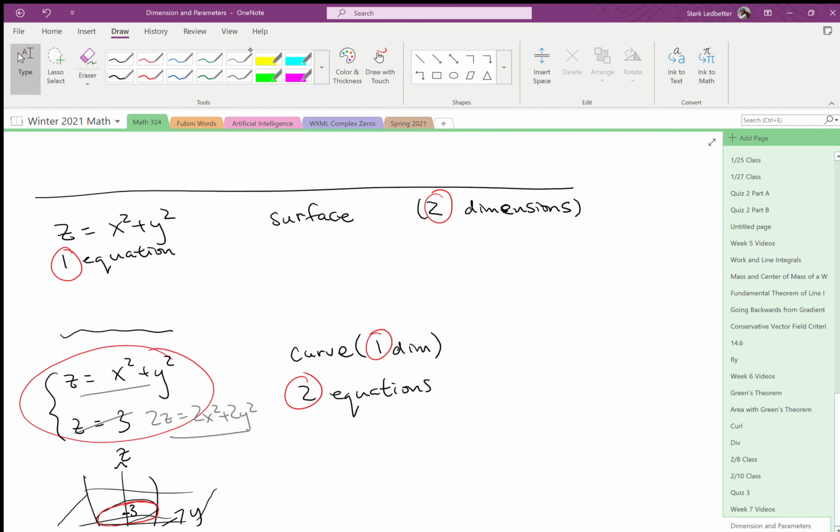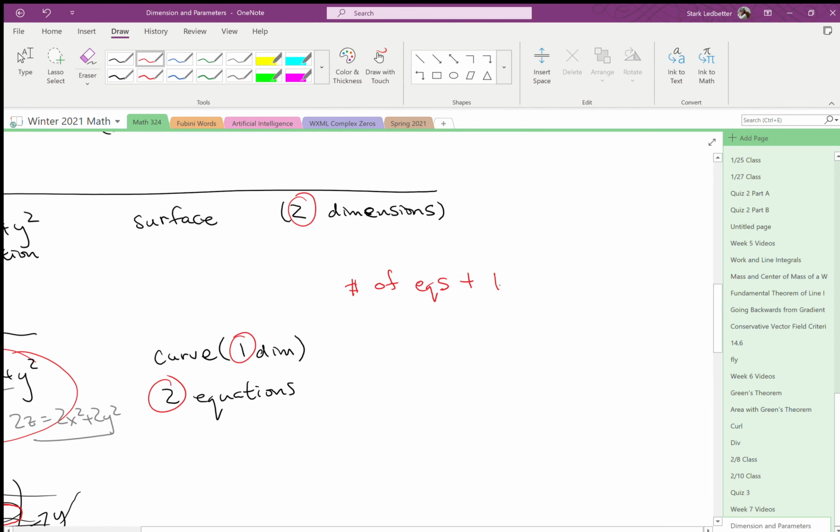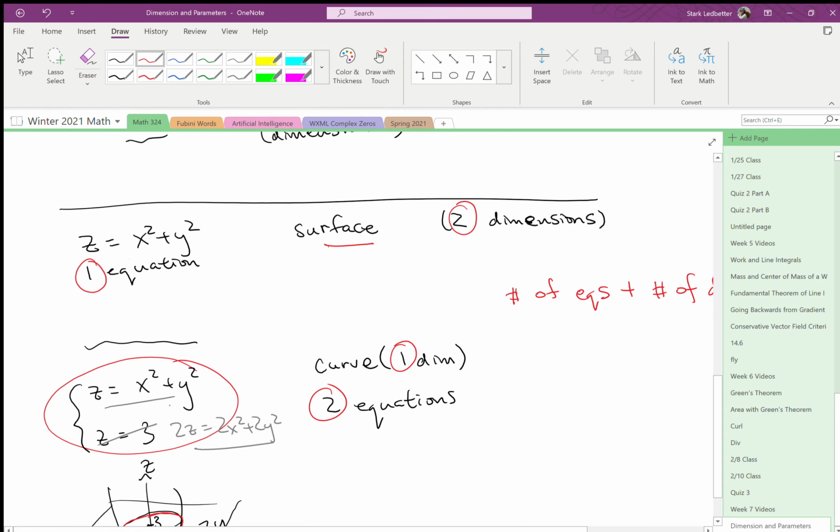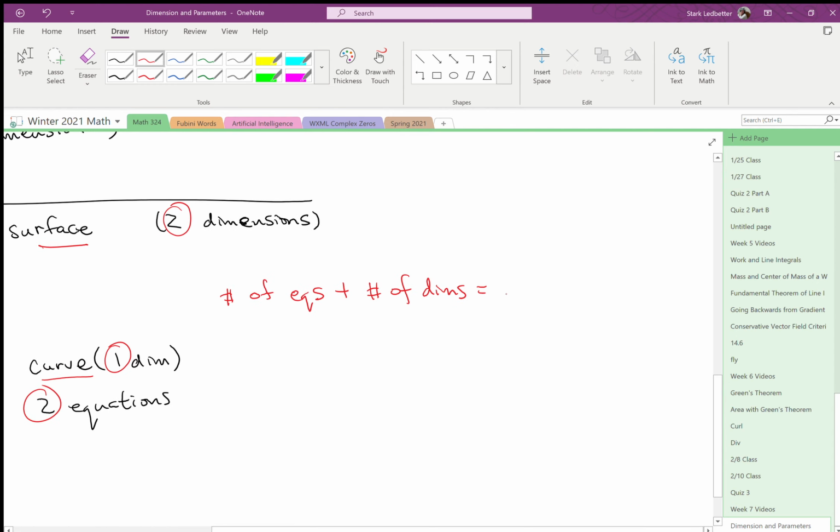But a general rule is number of equations, for the most part, plus number of dimensions of the thing you're describing. So over here, 1 equation described a surface. Over here, 2 equations described a curve, equals number of dimensions in the ambient space.